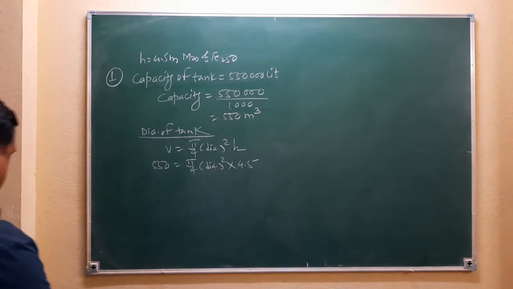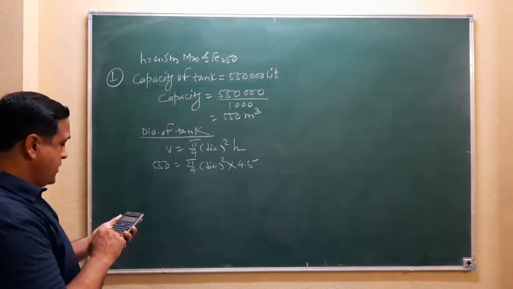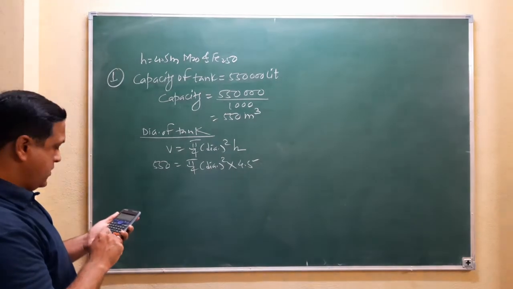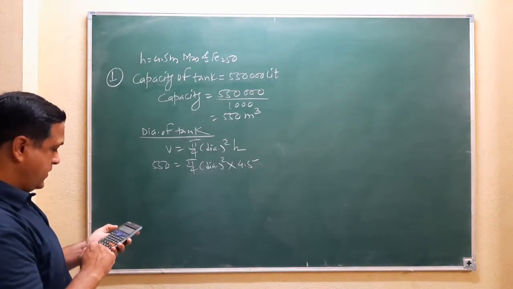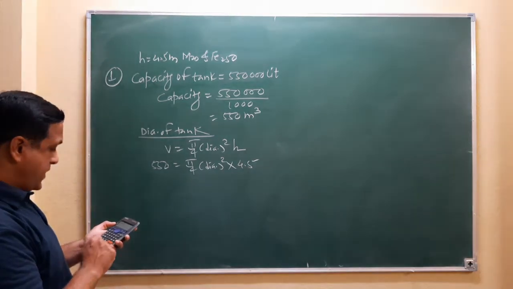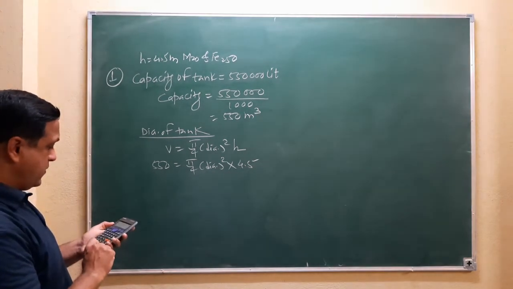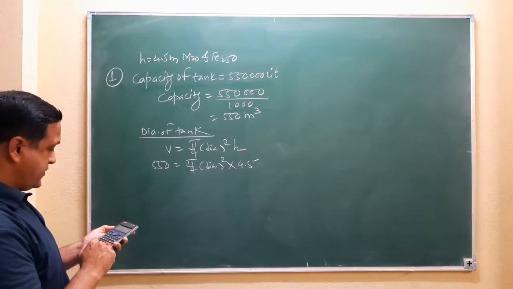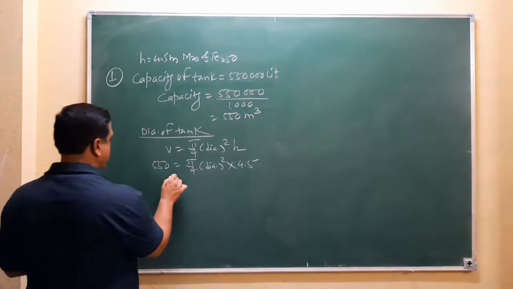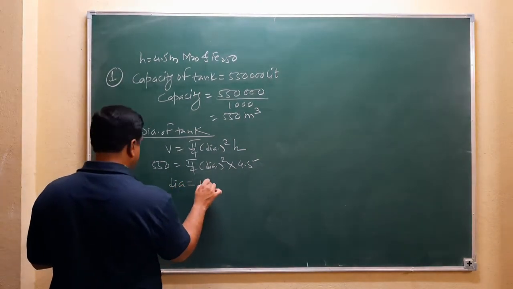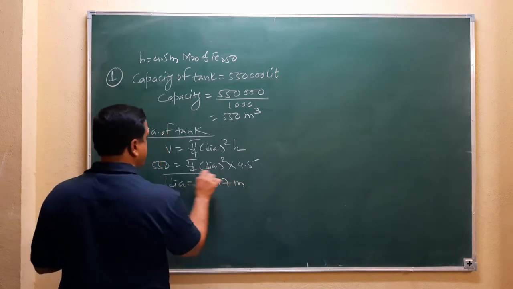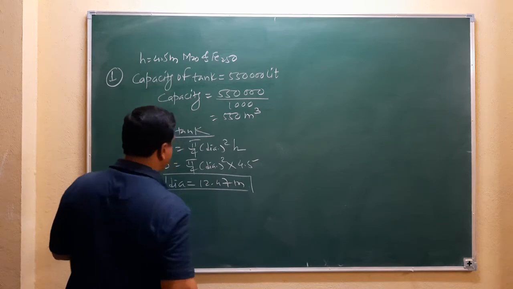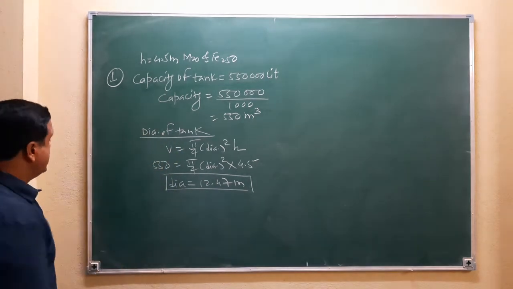So now I have calculated 550 into 4 divided by pi into 4.5, under root, and the answer is 12.47. So the internal diameter of the tank is 12.47 meter. Put as it is.